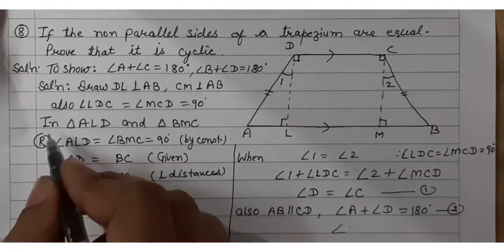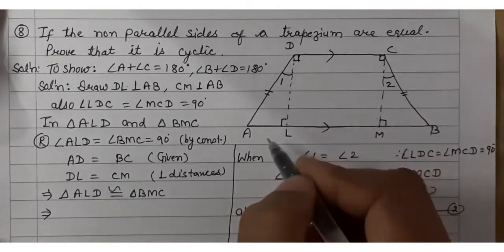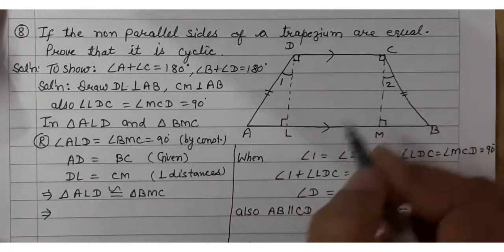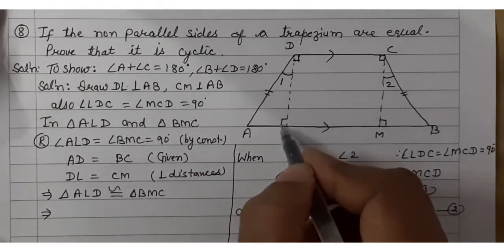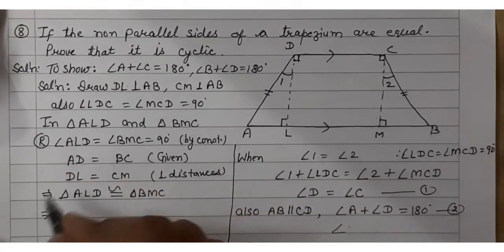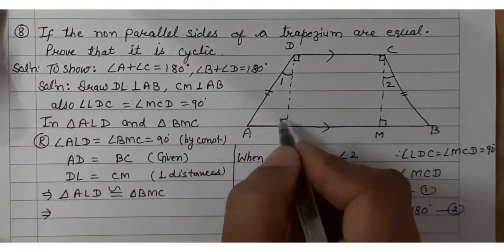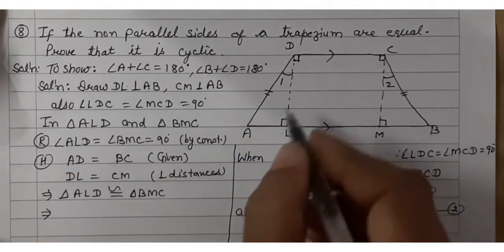Okay. Then I am taking these two triangles. I am marking 1 and 2. I am taking triangle ALD and triangle BMC, trying to make them congruent. Okay, this angle L is equal to angle M by construction. This is your right angle. AD equal to BC, it is given to you, and this is the hypotenuse also.